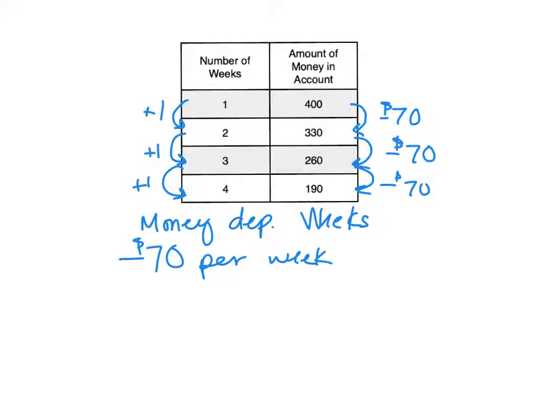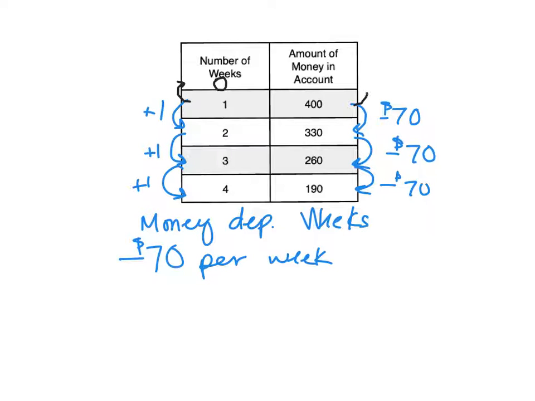Now, when we write an equation, we have to think about what the initial value was. How much money was in the account before I spent any money? So to do that, we can work our way backwards in the table to week 0. So before I spend any money, how much is in my account?